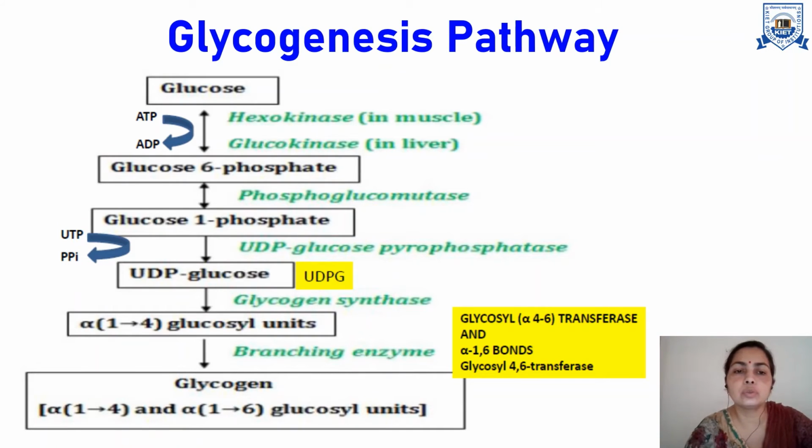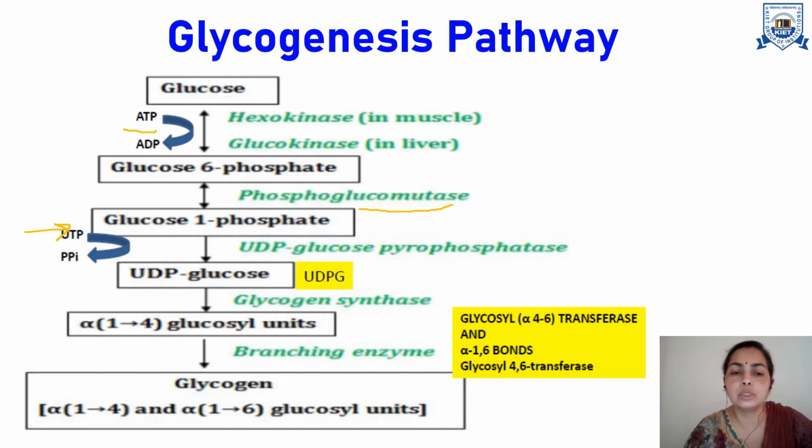First of all, you could see that glucose is converted into glucose 6-phosphate. This step is common, as we see in the glycolysis pathway. In the presence of glucokinase or hexokinase, it leads to formation of glucose 6-phosphate, and one molecule of ATP is consumed here. Then in the presence of phosphoglucomutase, it gets converted to glucose 1-phosphate. Now this glucose 1-phosphate gets converted into uridine diphosphate glucose, that is UDPG.